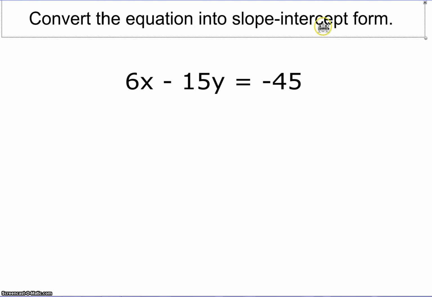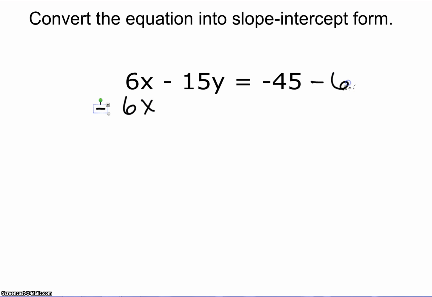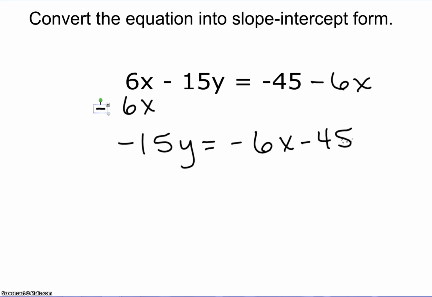Convert the equation into slope-intercept form. Okay? So, minus 6x on both sides. We know the x has to be in front, and we'll fix that in just a second. Negative 15y equals negative 6x minus 45. Well, then you divide by negative 15 because we want y by itself.